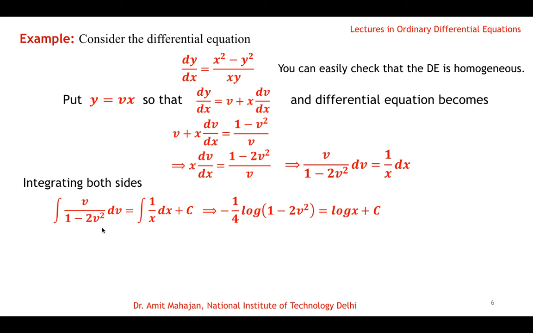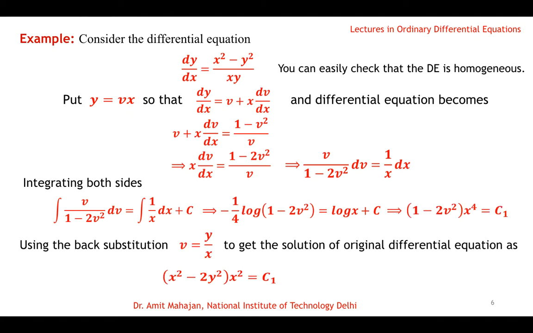So we can integrate this, and the integral of 1 by x is log x plus a constant of integration. Then we can combine the logs, and also use the back substitution v as y by x to write the final solution. So we combine the log terms, and on taking anti-log I have changed the constant to c1, where c1 is e power c.